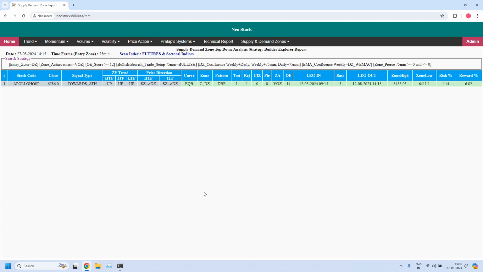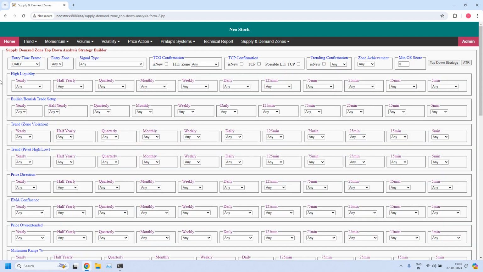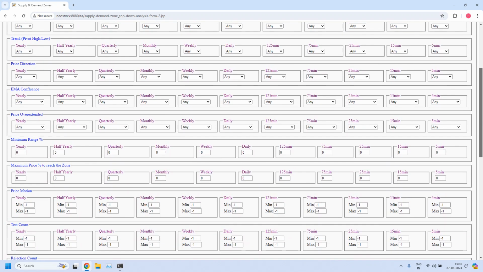Okay, the next report is a bearish trade setup for weekly income trade. So weekly income trade bearish trade setup, entry time frame is 75 minutes, entry zone is supply zone. In bullish or bearish trade setup at 75 minutes, I am selecting bearish, and this 75 minute supply zone should not be pierced.